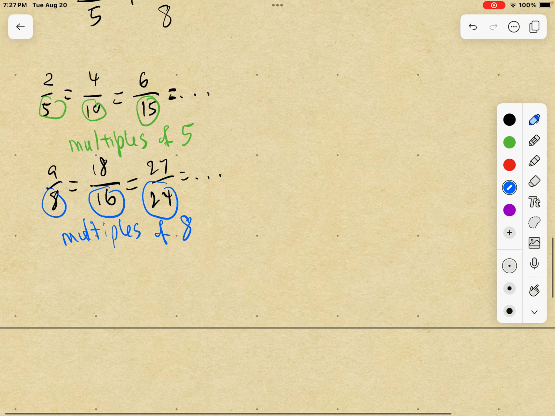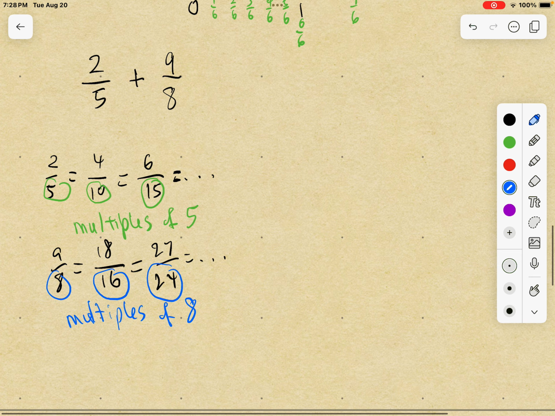And so if you want a common denominator, you need a number that's a multiple of both 5 and 8. And the multiple of 5 and 8 is 40. 5 times 8. So 2/5 is what over 40? 16, right?